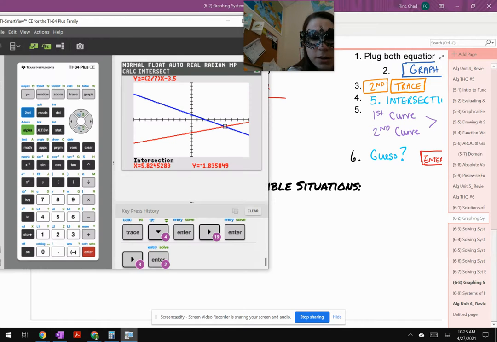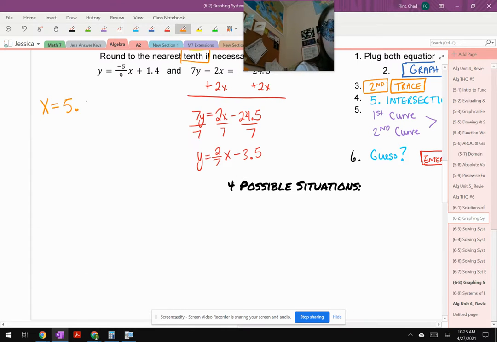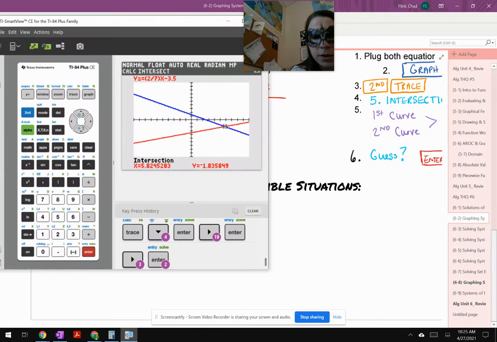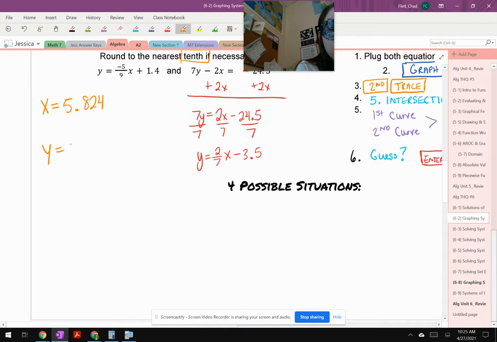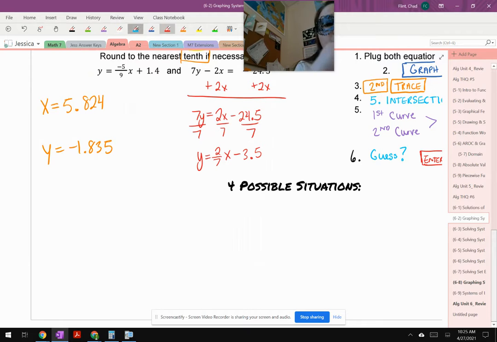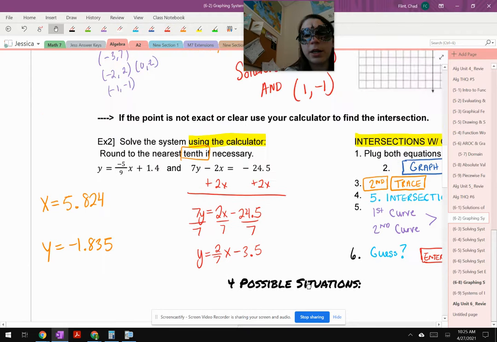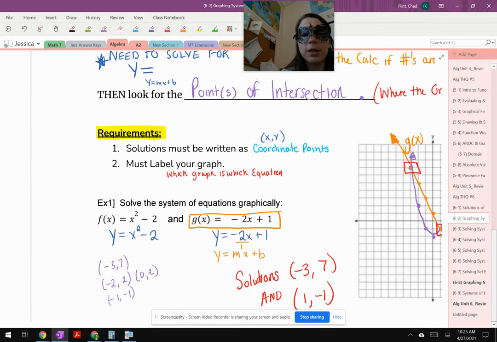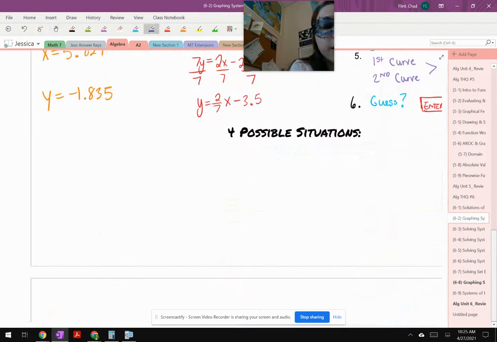So x equals 5.824, and y equals negative 1.835. So then, writing those as a coordinate point, remember my answer still needs to be written as a coordinate point, and I'm going to round to the nearest tenth as well.